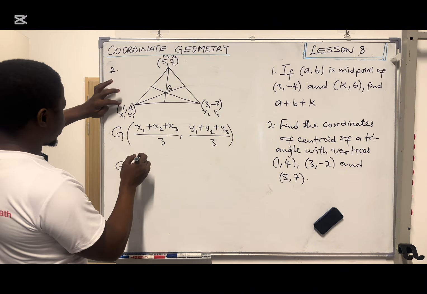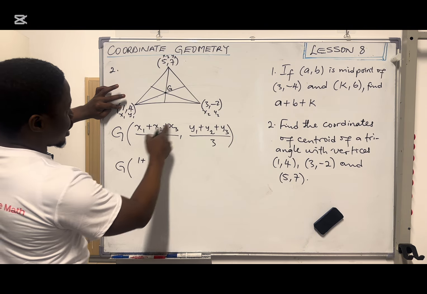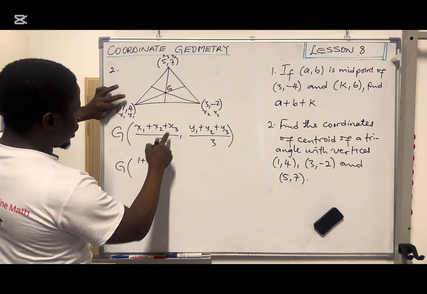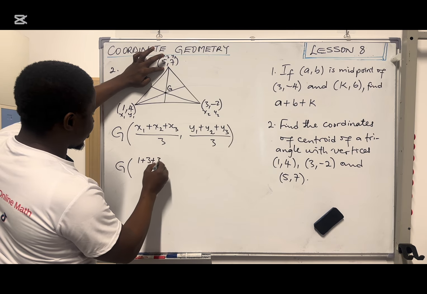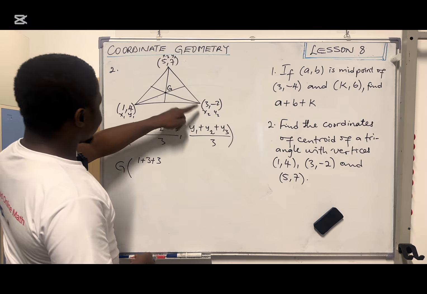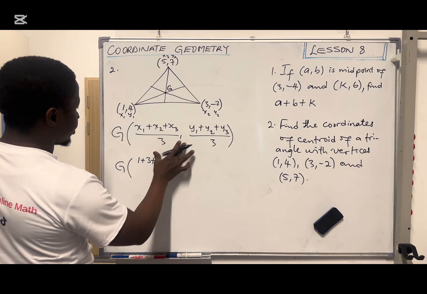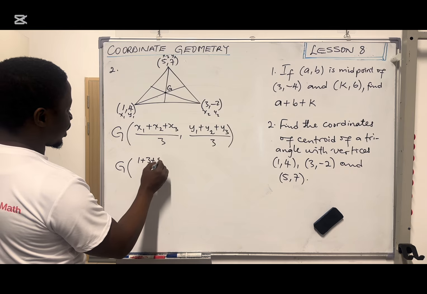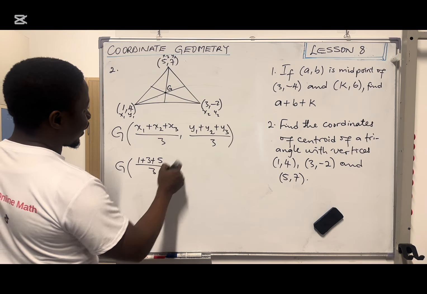So x1 is 1, x2 is 3, x3 is 5. All the x coordinates. Yes, 1, 3, 5. Divide by 3.